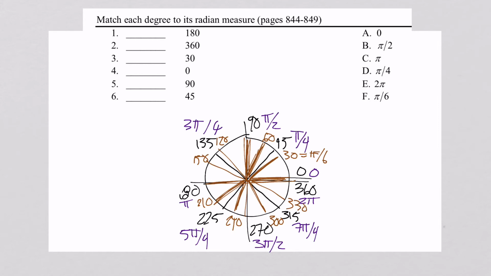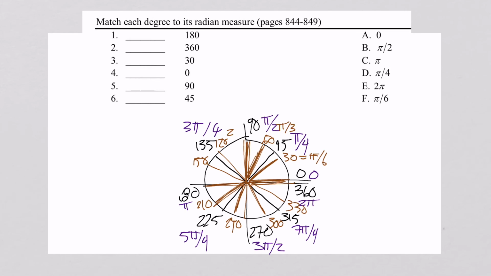So 1 pi over 6, 2 pi over 6 simplifies to pi over 3, 3 pi over 6 simplifies to pi over 2, 4 pi over 6 simplifies to 2 pi over 3, and then I hit 5 pi over 6, and then 6 pi over 6 equivalent to pi, and then 7 pi over 6 equivalent to 210, and then 8 pi over 6 simplifies to 4 pi over 3, and then 9 pi over 6 simplifies to 3 pi over 2. 10 pi over 6 will simplify to 5 pi over 3, and then I hit 11 pi over 6, and then 12 pi over 6 equivalent to 2 pi.